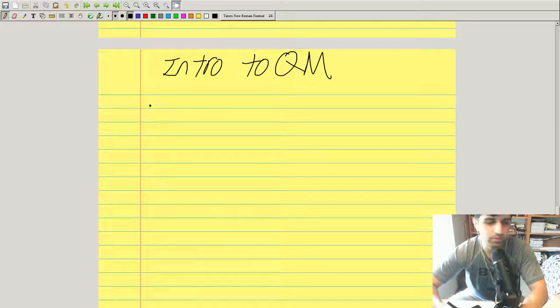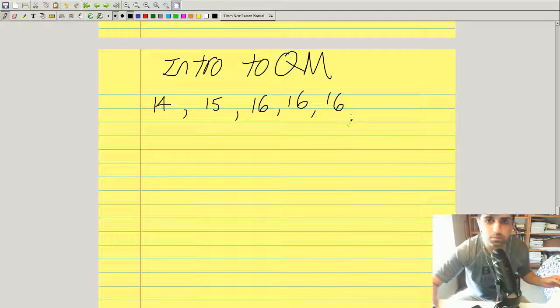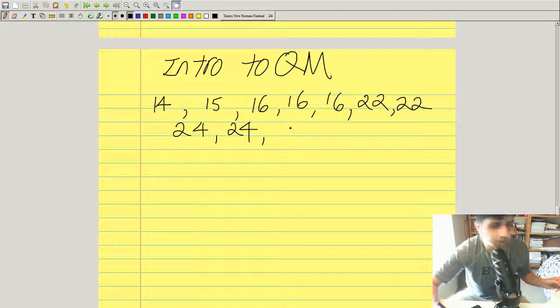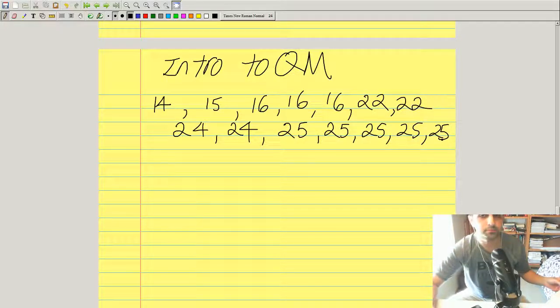So if you have a room that has 14 people, okay, and the ages of these people, there's one person at 14, okay, there's another person at 15, there are 3 people at 16, and you have 2 people at 22, and you have 2 people at 24, and you have 5 people at 25.